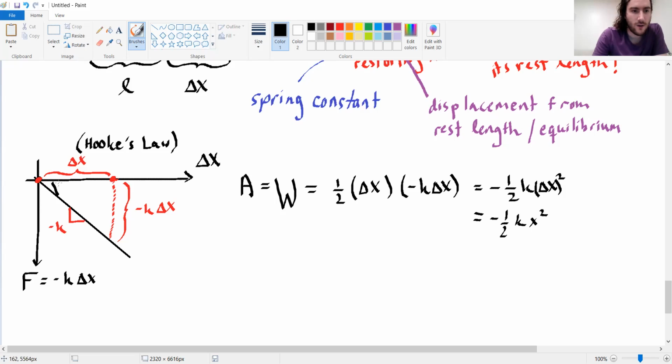So we just want the area here of this triangle. Okay, so no questions. So we'll go on to the next section, which is kinetic energy and the work energy principle.